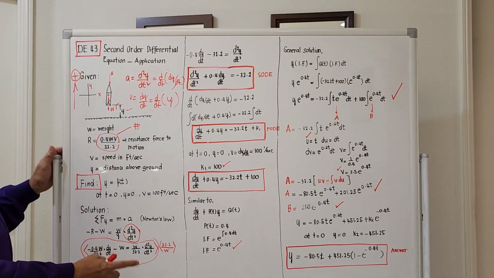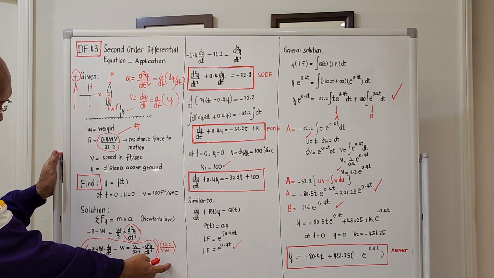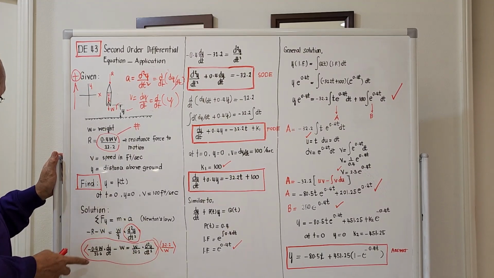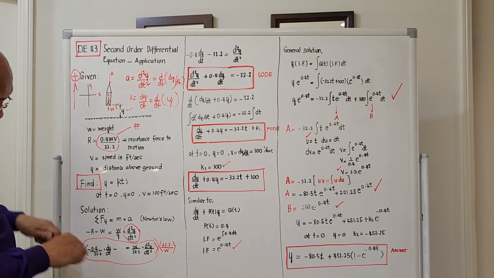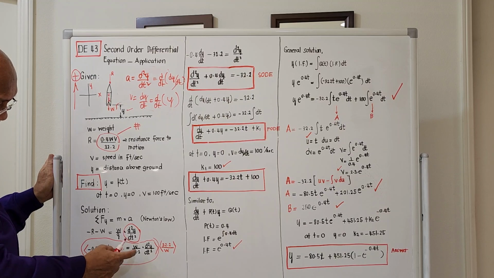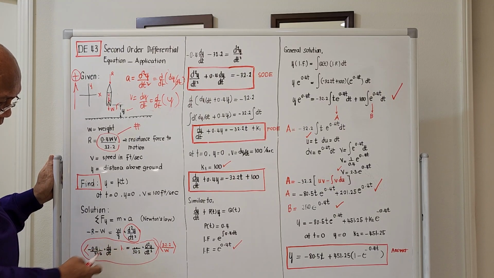So after multiplying the whole equation by 32.2 over W, this W here will disappear, this will become 1, and this W here will disappear.